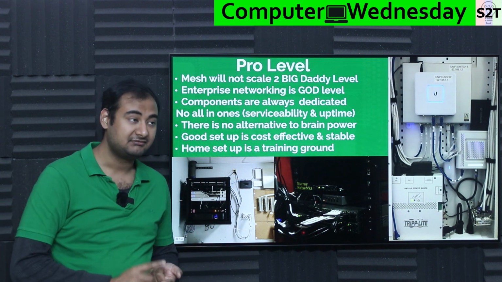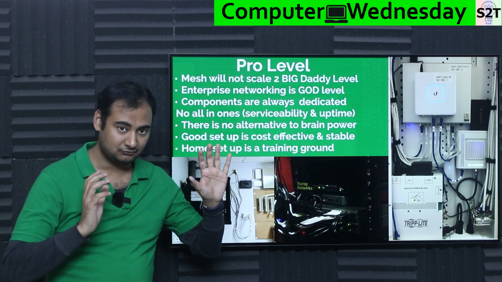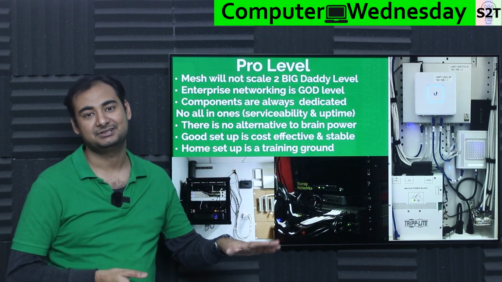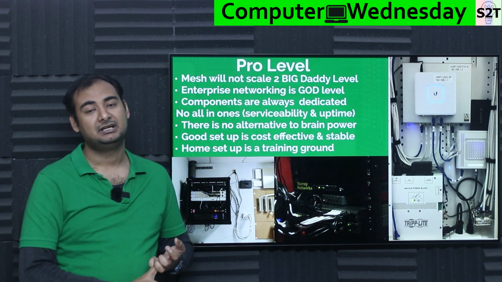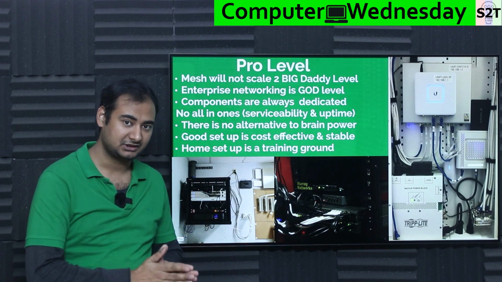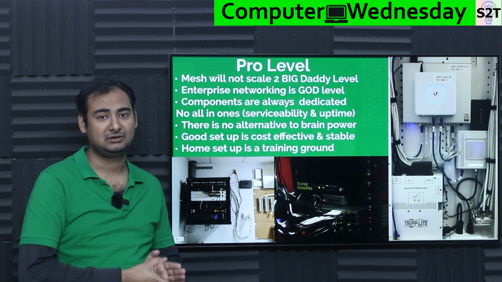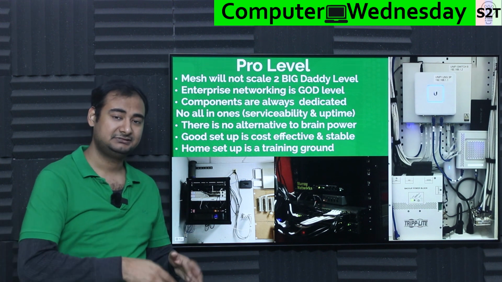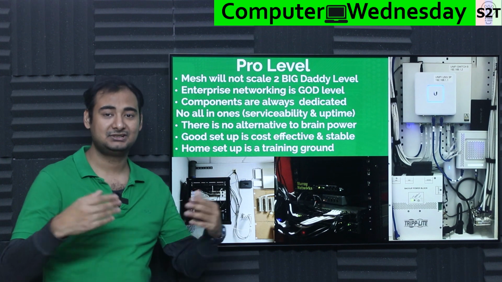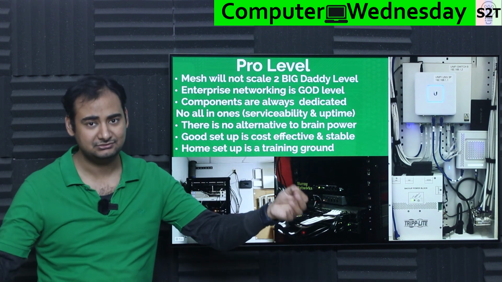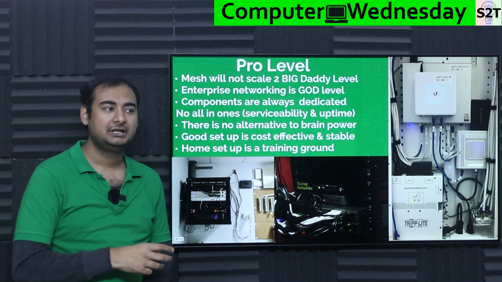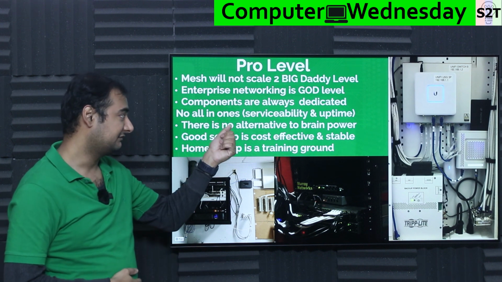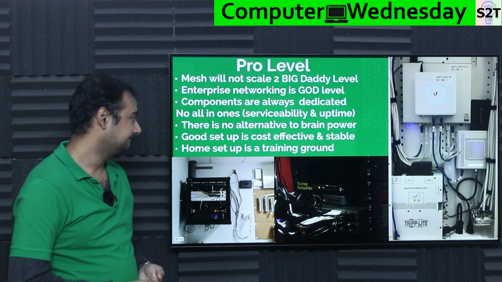Again, I specified routers have a lot of horsepower, and they buy full supercomputer level routers just so they can do everything they need to do, from blocking to filtering to spam blockage, everything they can do on the router level. Then it goes to the firewall. Firewall will filter everything. Then it goes to the switch. Switch will distribute every signal to the access point. Access point will give it to your device, and everything would be dedicated. So in case of a failure, they can service it and have very good uptime.